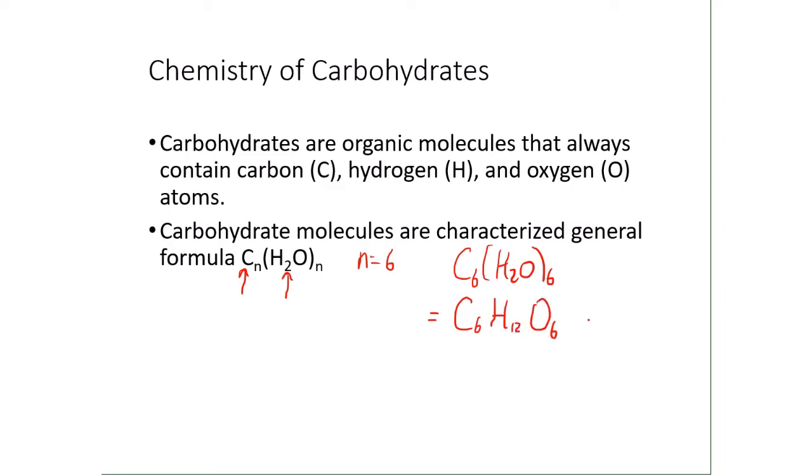This, of course, is the formula we have been writing all lecture long. That is glucose. If n is 12, then we will have C12H24O12. All the carbohydrates tend to follow this general formula. Of course, there are exceptions, but typically speaking, they all follow this.